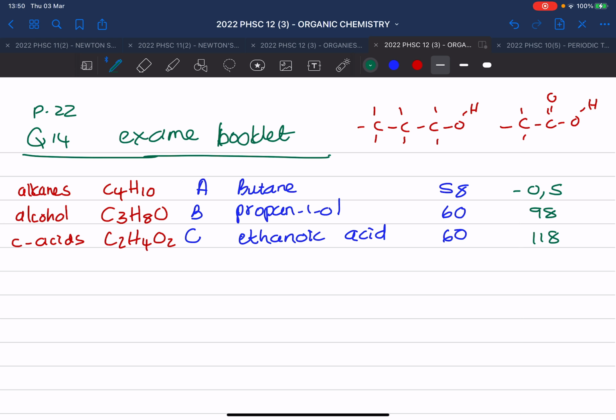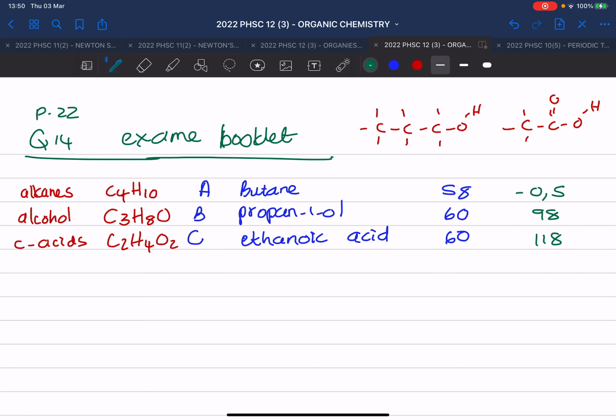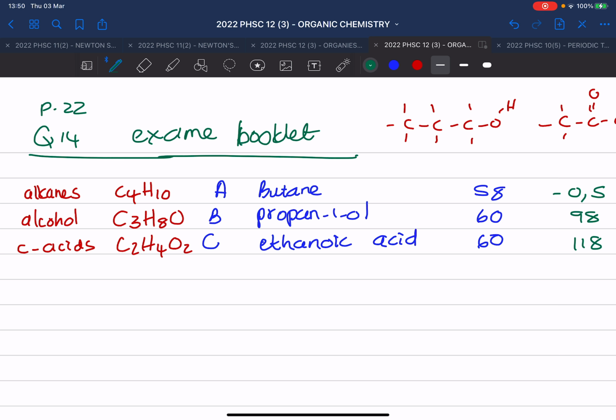Something I want you to add to this. What type of intermolecular forces do you find with the alkanes? London forces. So you write that for yourself. With the alcohols, you have hydrogen bonding, but you say you have one site, one place, one spot for hydrogen bonding to occur. Thank you, Kananelo.